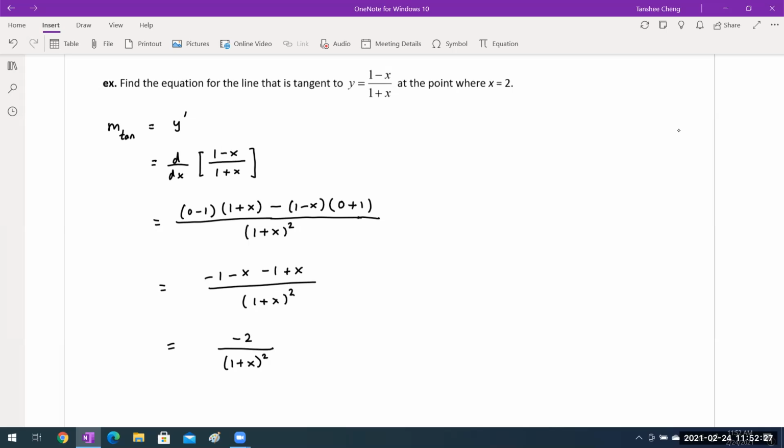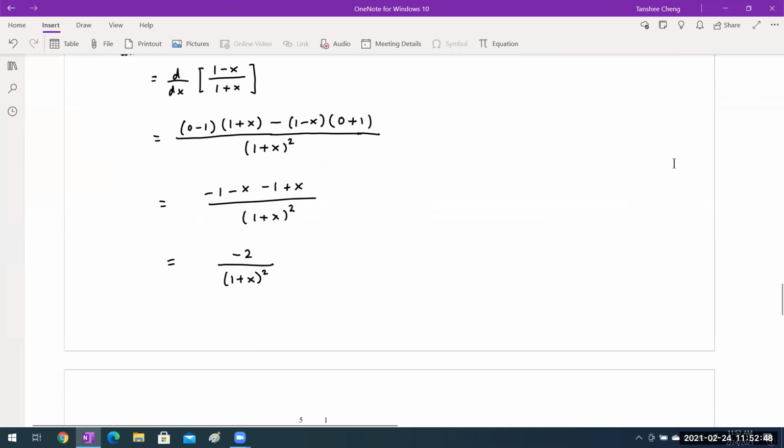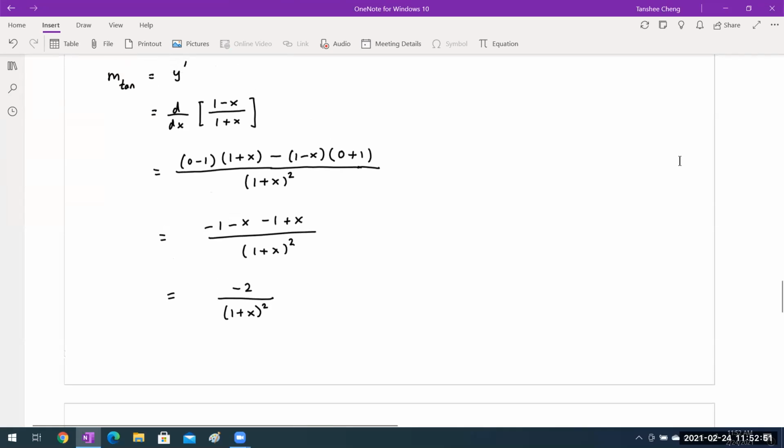So this is the slope of a tangent line at any point. It is a general formula for the slope at the tangent point, any point on the curve of this equation. But we specifically want the slope of the tangent line at x equals 2.